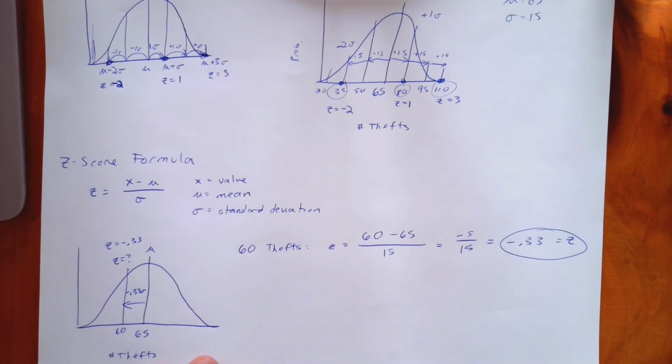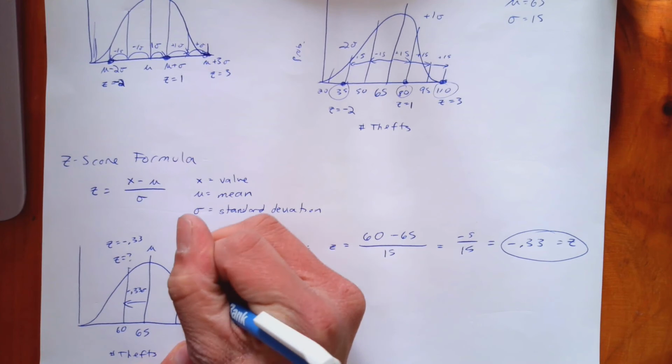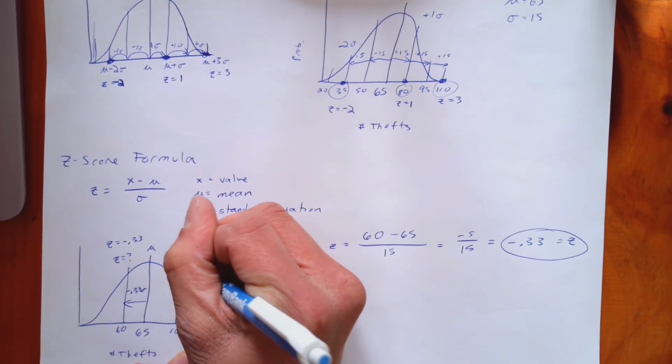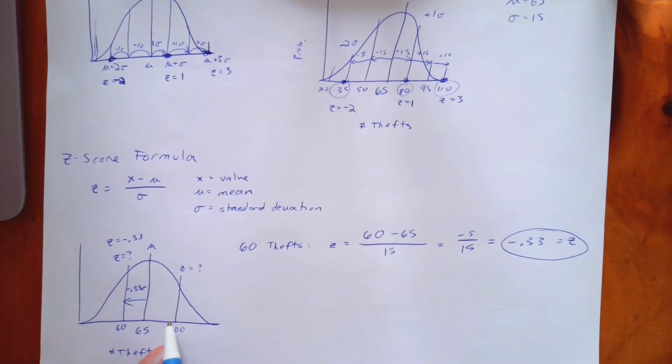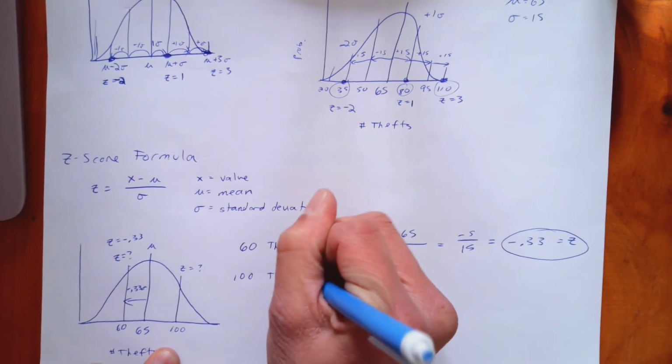We'll also look at an example that's on the other side of the mean. So let's look at the z-score for 100 thefts. And we want to know how many standard deviations away from the mean 100 thefts would be. So for 100 thefts, we're going to use the same formula.